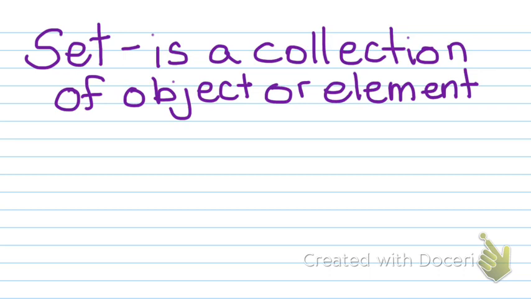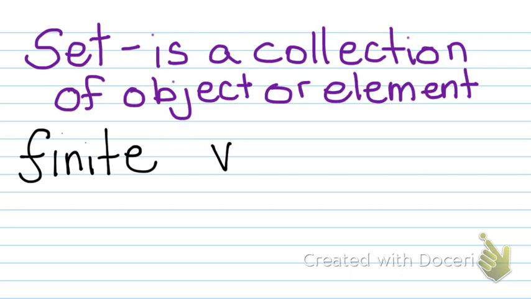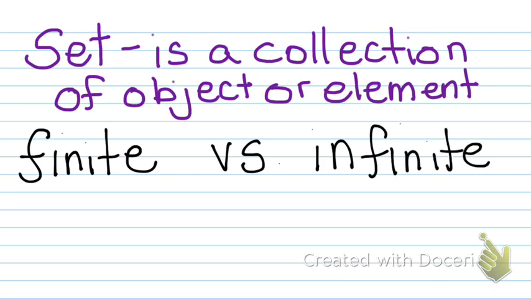There are two kinds of set: finite versus infinite. Finite means that you can count the elements.